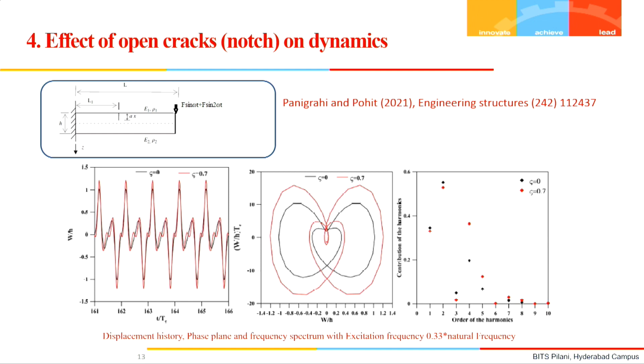So the takeout from here is about the response of a cracked beam, although the crack is not growing, in the form of a typical notch. So we have discussed open cracks here, in the form of a typical notch.